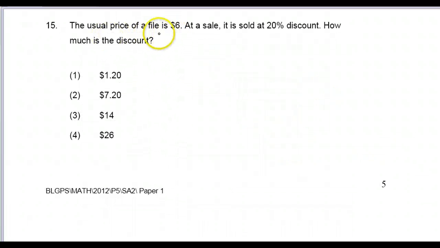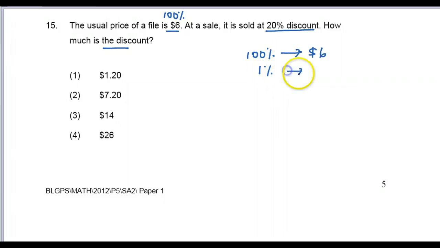Question 15. The usual price of a file is $6. At a sale, it is sold at 20% discount. How much is the discount? So I know I need to find the usual price, which is your 100%. It is sold at 20% discount. So my 100% is my $6.